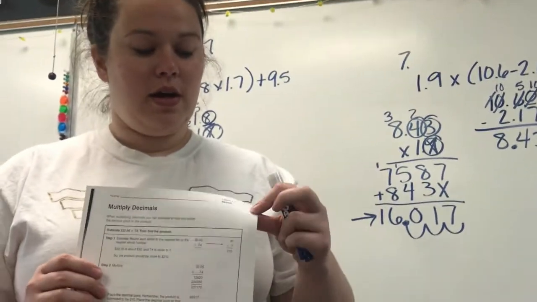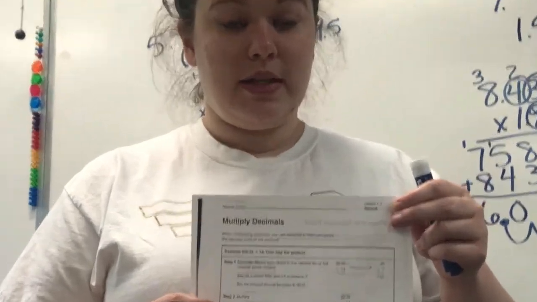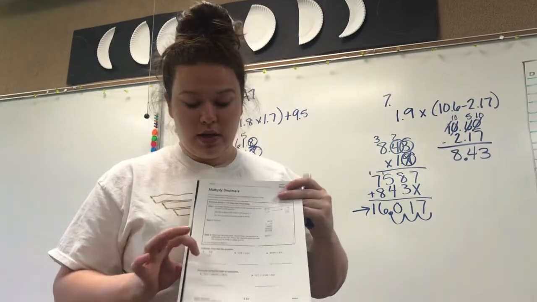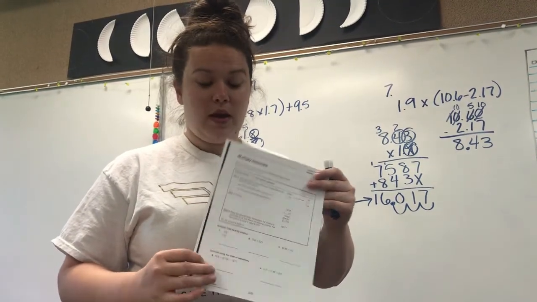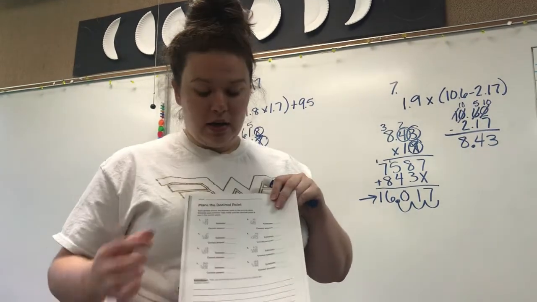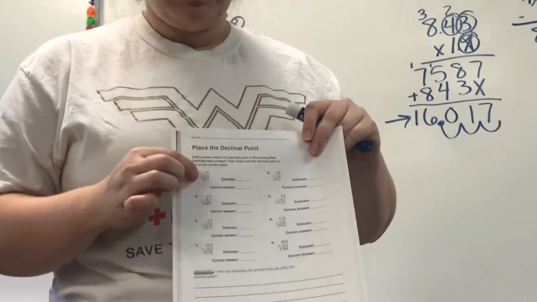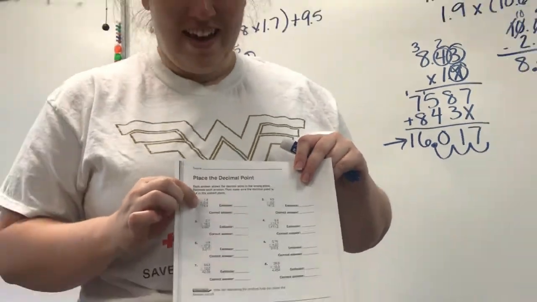All right, we are still on 1.7. This is multiplying decimals. You are doing all of the front, 1 through 5, okay? And on the back, if you see right here on number 1, it gives you the answer, but guess what? It's wrong, okay?